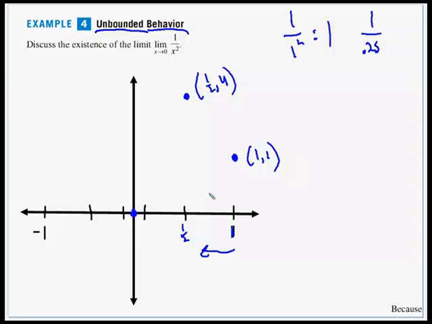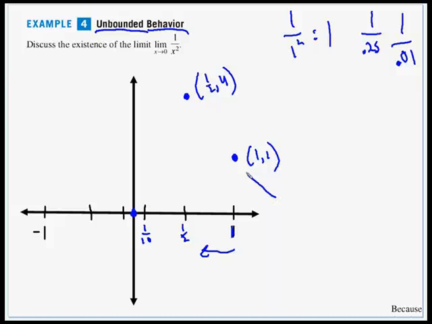1/2, comma, 4. Now let's get real close to the value of 0 and put in 1/10. Well, 1/10 squared would be 1/100th, or 0.01. 1 divided by 0.01 would be 100. So we'd have to go way up here off the slide I'm using.